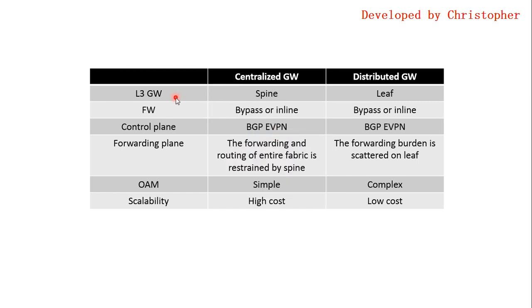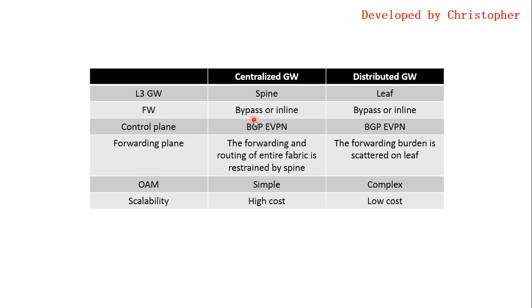Here for the Layer 3 VXLAN gateway, the centralized gateway is on the spine and the distributed gateway is on the leaf. And for the firewall deployment, there are two ways. The first one is the bypass, which means the firewall is connected to the spine or to a dedicated pair of leaf, which is called service leaf.